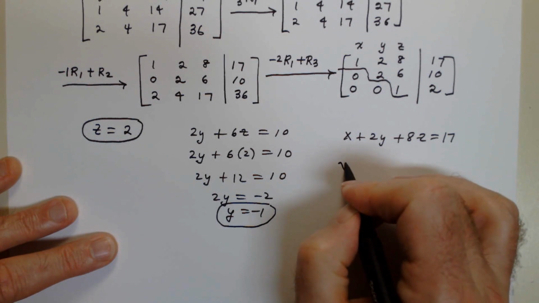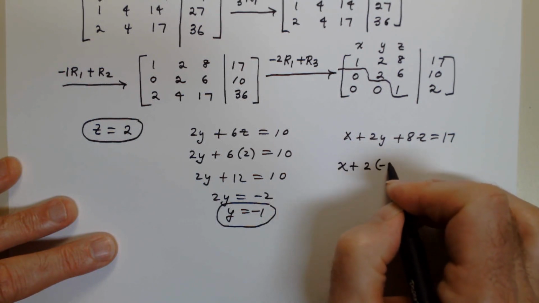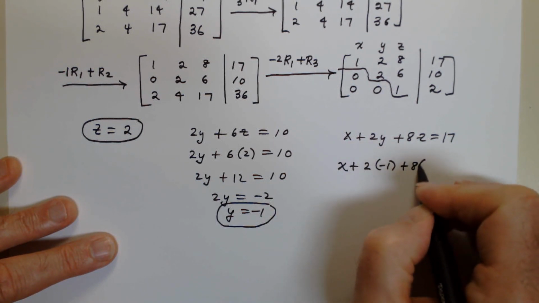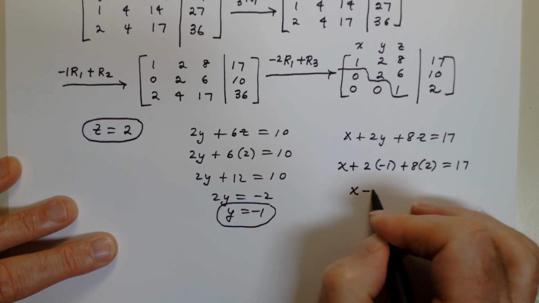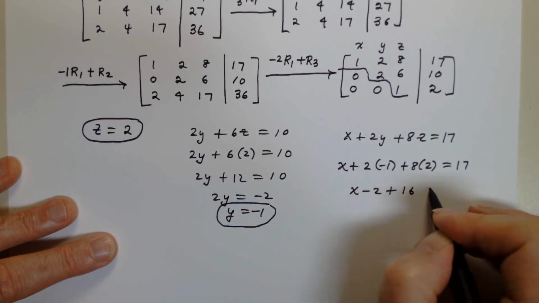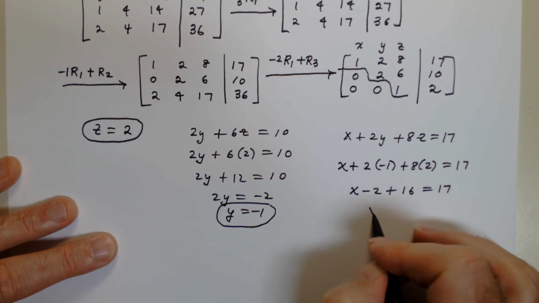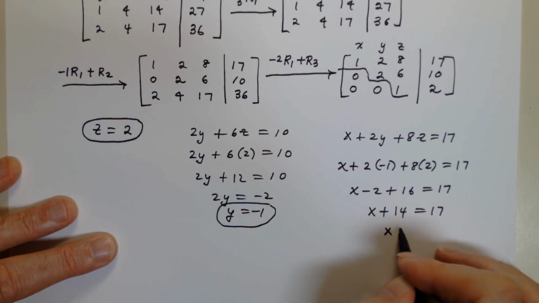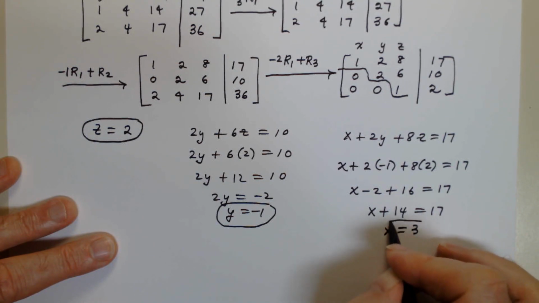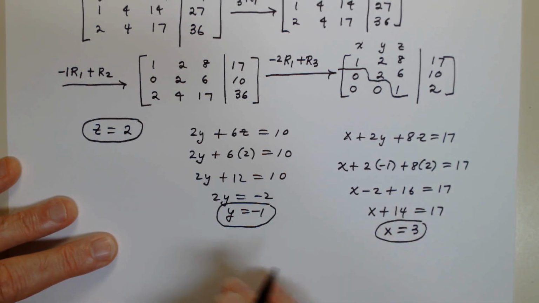So I've got x plus 2 times negative 1 plus 8 times 2 is equal to 17. So that's x minus 2 plus 16 equals 17. X plus 14 equals 17. Or x equals 3. Okay?